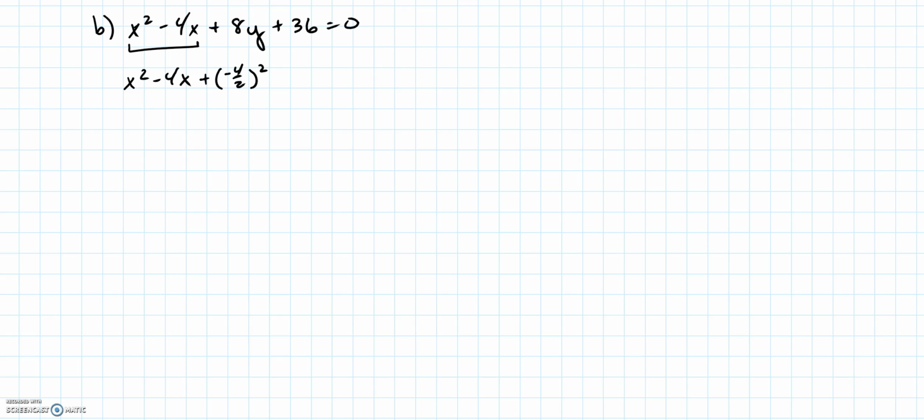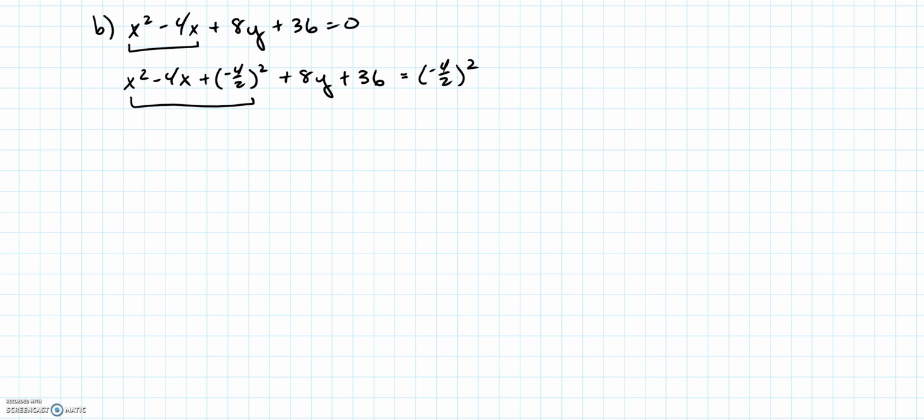Part B. So part B is x squared minus 4x plus 8y plus 36 is equal to 0. Again, I'm going to complete the square on these guys, so I get x squared minus 4x plus negative 4 over 2 squared plus 8y plus 36 is equal to negative 4 over 2 squared because we have to add that to both sides.